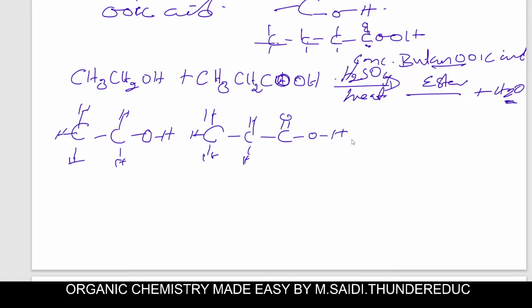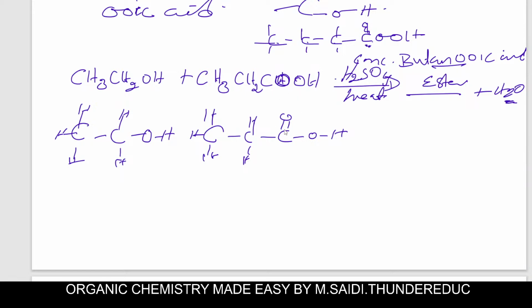Now, how does the reaction occur? Why is this sulfuric acid there? It is acting as a catalyst. I don't show you all the mechanisms, because here you just need to know how they combine. That's all.